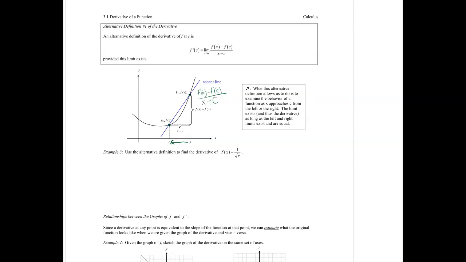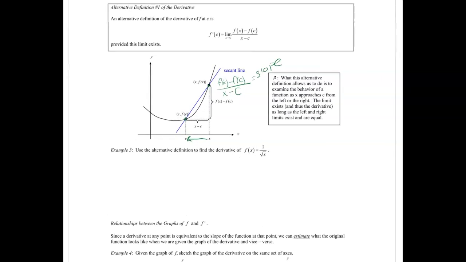All right. So now I get to try to use this alternative definition for this fun little derivative of f of x equals 1 over the square root of x. So that was just the slope.